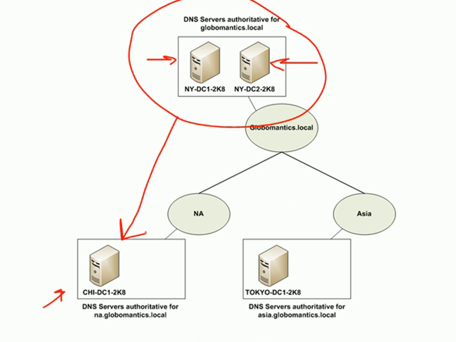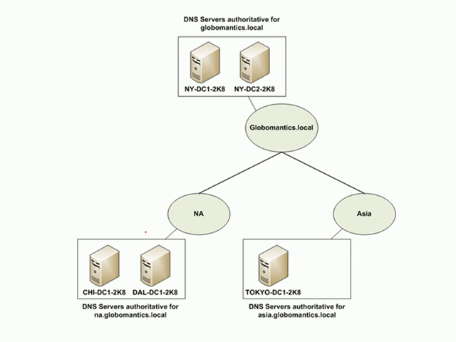But by doing it in the form of a stub zone as opposed to an individual manual delegation, when we add a second DNS server, which is also authoritative for na.globalmantics.local, the addition of this server will update what's called the NS records.